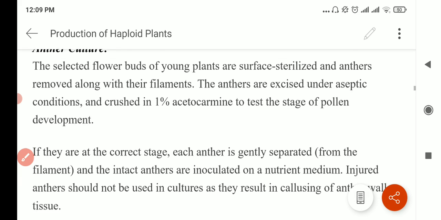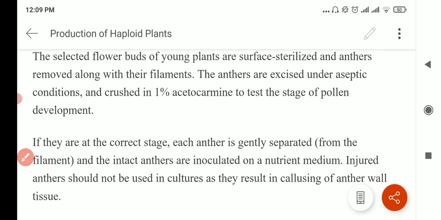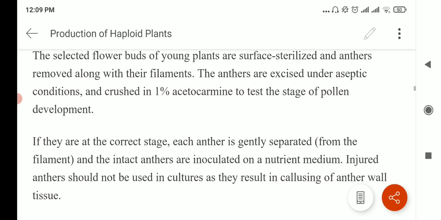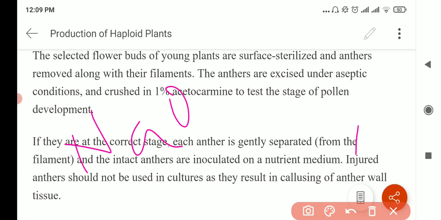So you take the flower buds of the young plants, and you surface sterilize them. Remember, I had told you it's a soap with sodium hypochlorite.